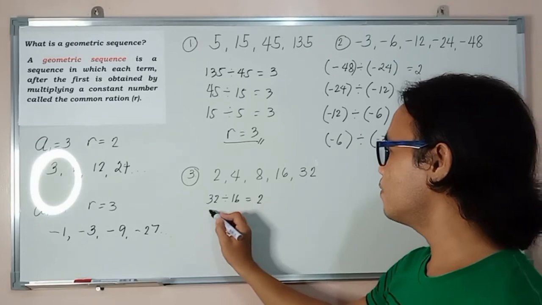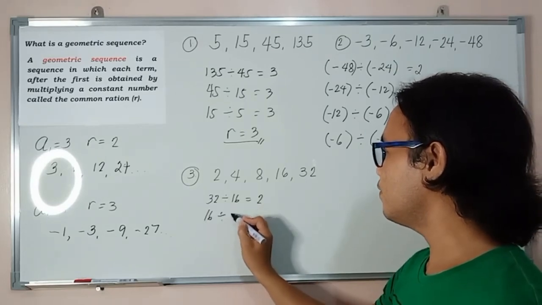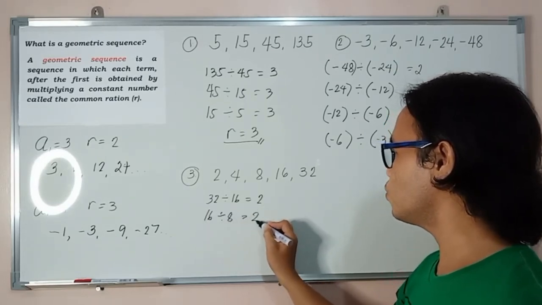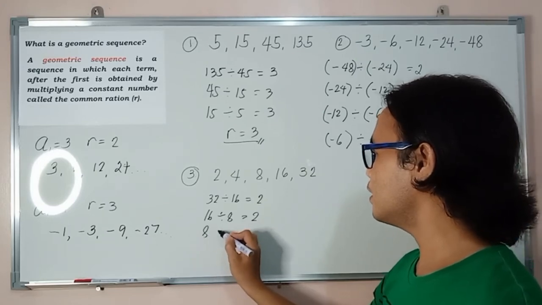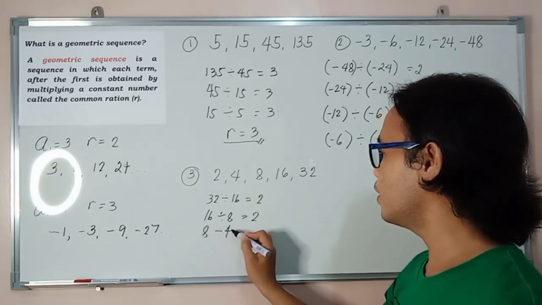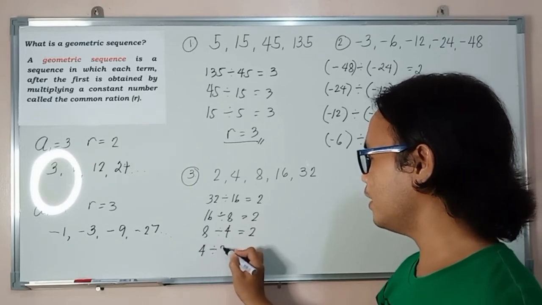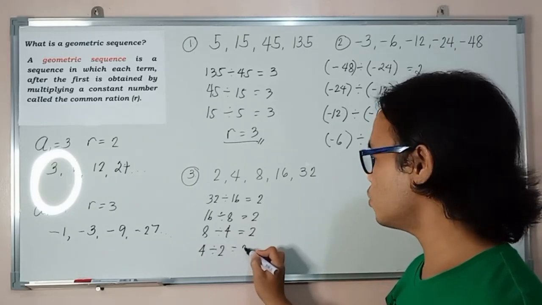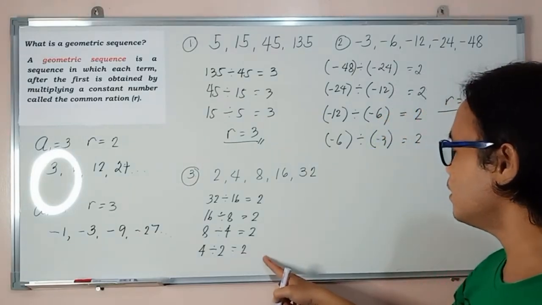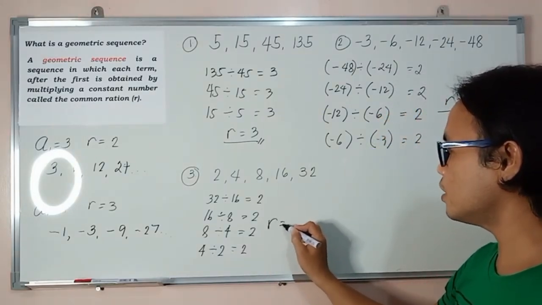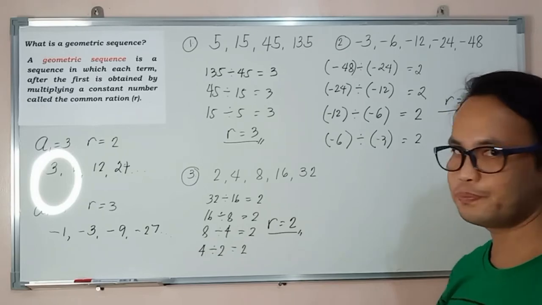Then we have 16 divided by 8, which is also 2. Then 8 divided by 4 will give us 2. And lastly, we have 4 divided by 2, which will give us 2. So the same thing here, our common ratio is also positive 2.